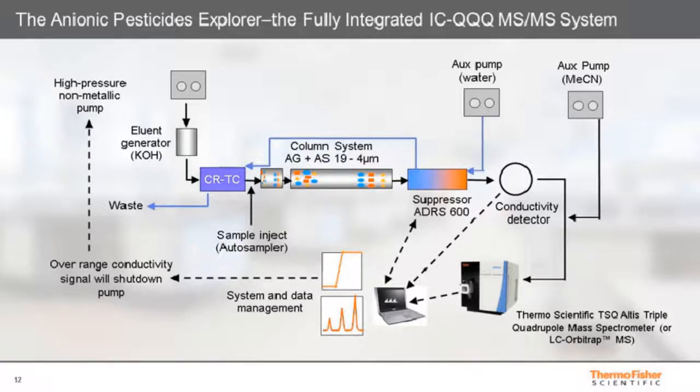There is an auxiliary pump adding acetonitrile modifier to, let's say, improve the desolvation into the MS source, and typically increasing response for most of the analytes by three or four times. And as mentioned, the system control, data acquisition, and data processing are done using the Chromeleon chromatography data system.